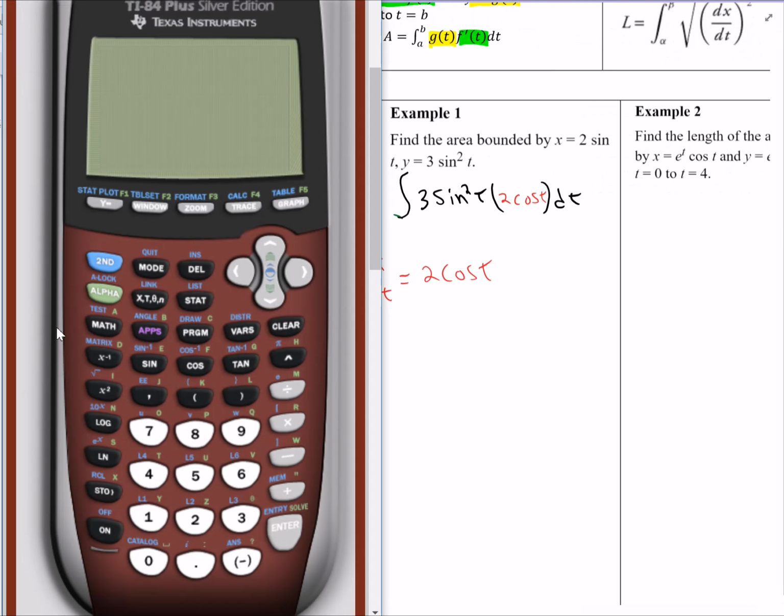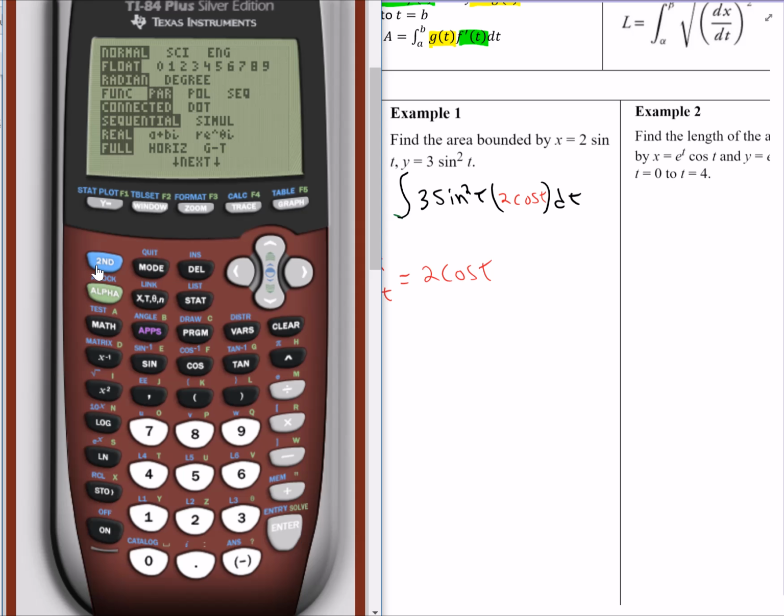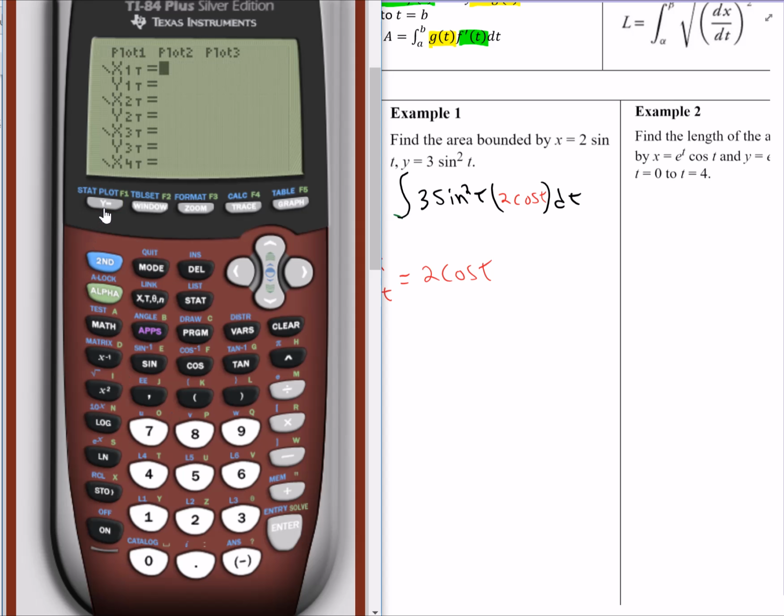Okay, so the first thing we're going to do on our calculator is change the mode. So go to mode, and notice that if you go down, you can actually change your calculator into parametric mode, right? And then we can go and graph this. We're just going to graph the original function, which is x of t equals 2 sine t, and the y of t is 3 sine squared t, so it's going to be sine t all squared.